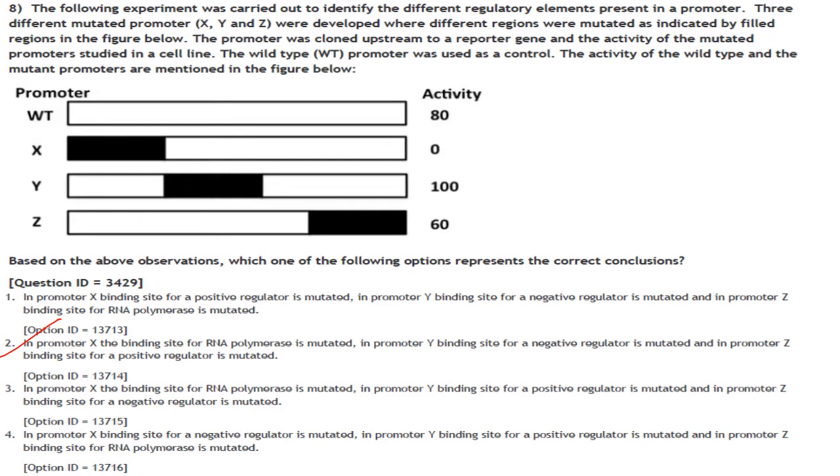So, the answer is 2, that is in promoter X, the binding site for RNA polymerase is mutated. In promoter Y, the binding site for a negative regulator is mutated, and in promoter Z, the binding site for a positive regulator is mutated. Now we will see how.